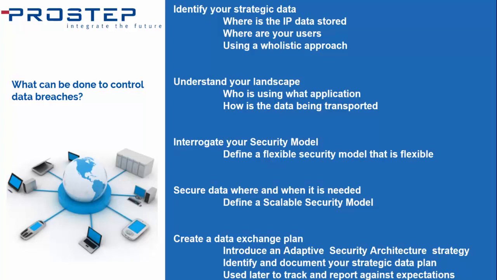So maybe today there is low-level IP on a particular data element that you have, but as you move forward, something new comes up, and all of a sudden that data now needs to be protected. And then have an exchange plan, right? So think about an adaptive security architectural strategy, identifying your documents within your data plan, and tracking against that, so you know where your data went, who accessed it, and why they accessed.